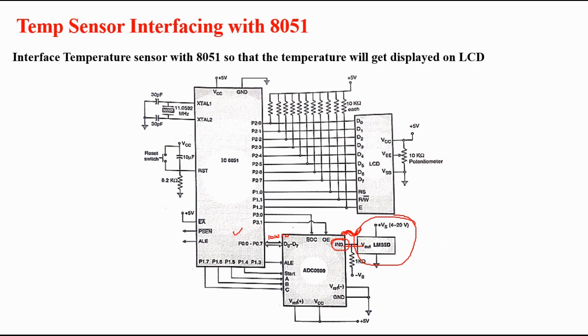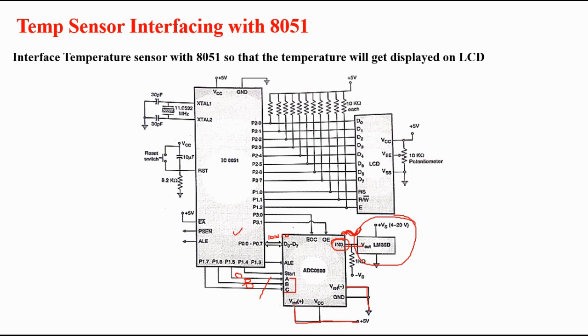Now here we will need to select the channel. In order to select the channel, there are a total of 3 lines available, A, B, C. We will have to make it 0 0 0 so that channel 0 will get selected. And just like the previous example, we have connected V reference negative to ground and V reference positive to VCC, meaning 5 volt.